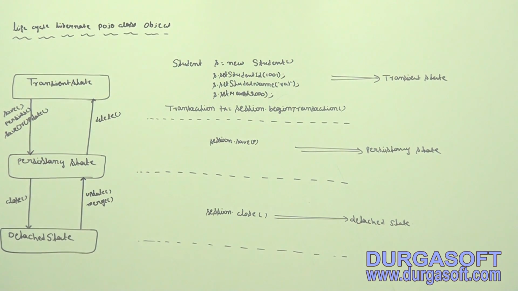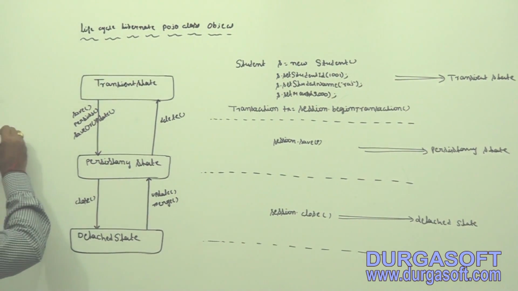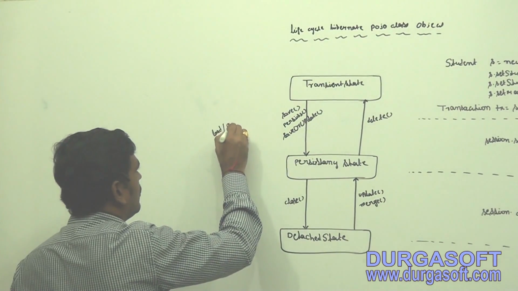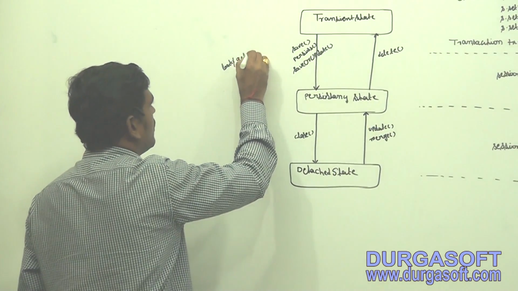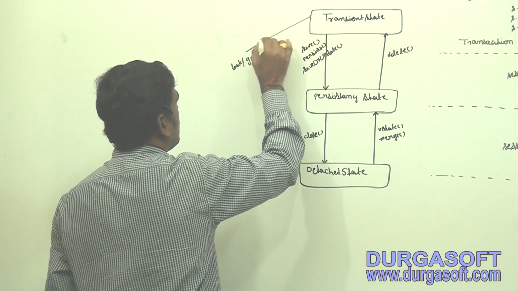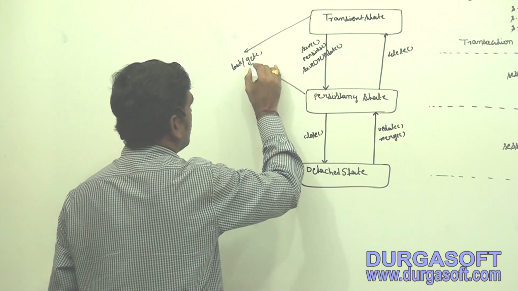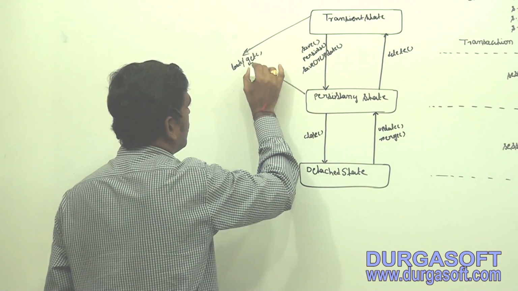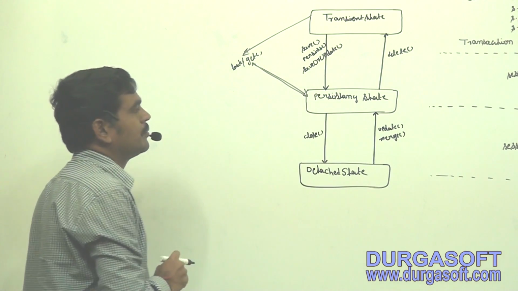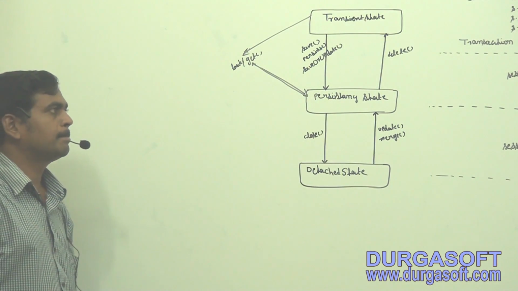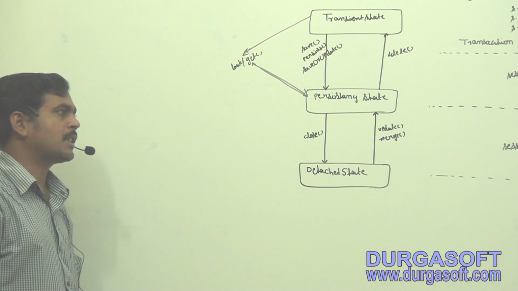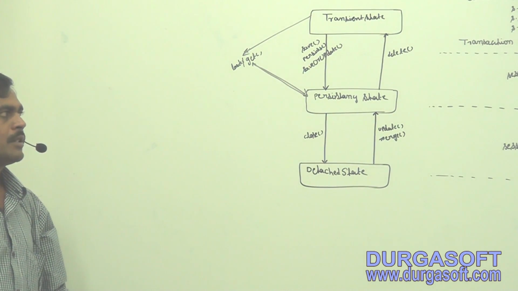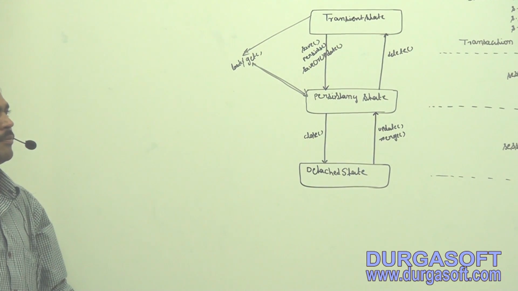Like this, totally 3 stages are there, every object. Load and get method functionality also comes under here. This is the object life cycle, right?